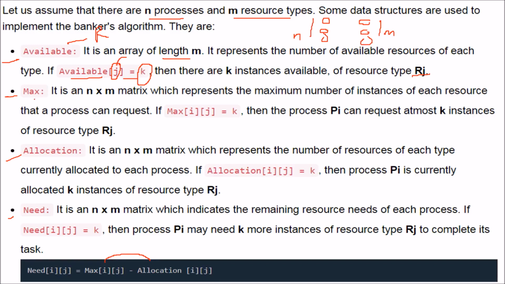Max. What is max? It is an n by m matrix, which will represent the maximum number of instances of each resource that a process can request.